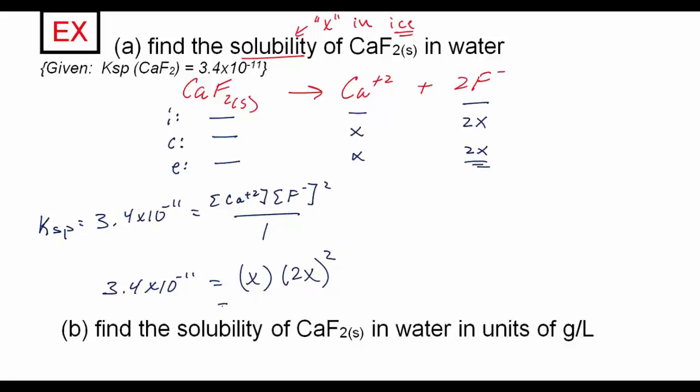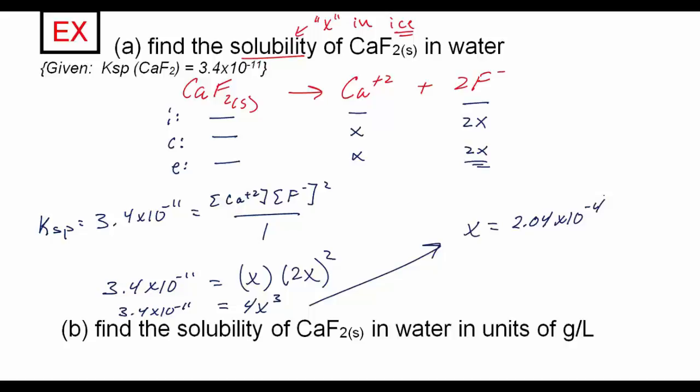So I end up with 4x squared times x, 4x cubed, has to equal 3.4 times 10 to the negative 11. So what's my x? 2.04 times 10 to the negative 4.